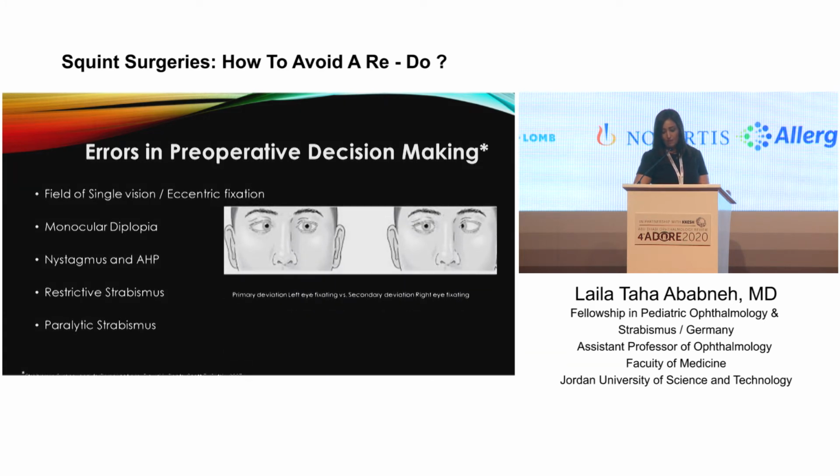Also, in paralytic strabismus, we should always decide which eye is the fixating one and never overlook a secondary angle, because if we correct the true angle in primary position, and overlook that the patient is actually preferring to fixate with the other eye for any reason, he could be undercorrected and unsatisfied after the surgery.